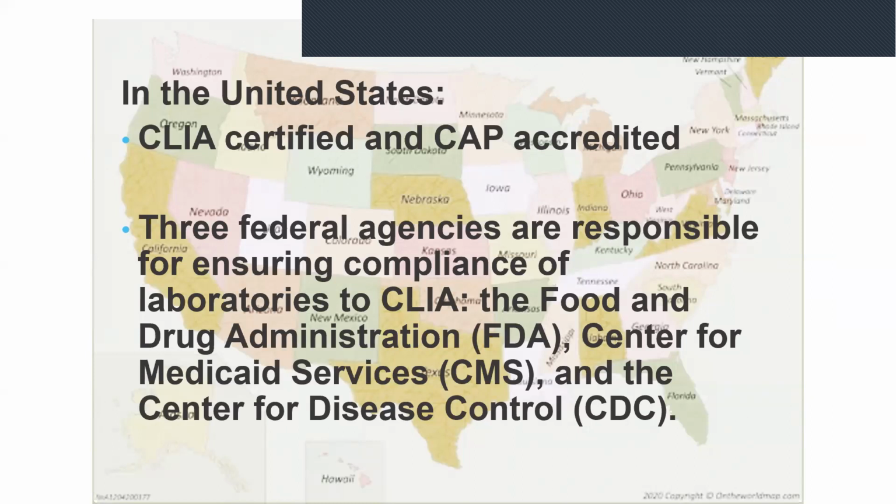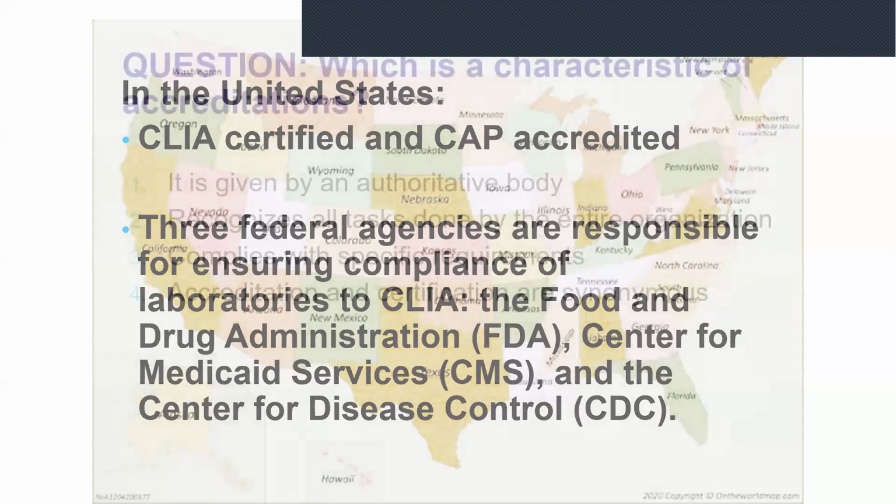So it's really sometimes confusing, because I can tell you what we do here in the States, but it can be very different in different countries. So it's important to realize that even though we all are talking about the same thing, certification and accreditation, the agencies that will do that will be different in each country.